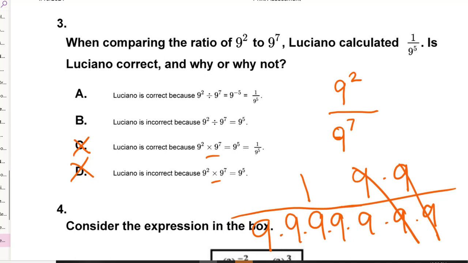You could do it that way, or you could say quotient rule, 9 to the second minus the 7th, because we're dividing same bases. We can subtract the exponents. That's the shortcut. And then they ended up with 9 to the negative 5th. Then you use the reciprocal and end up with 1 over 9 to the 5th, which would be A.